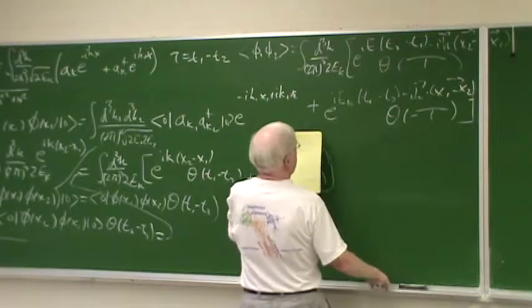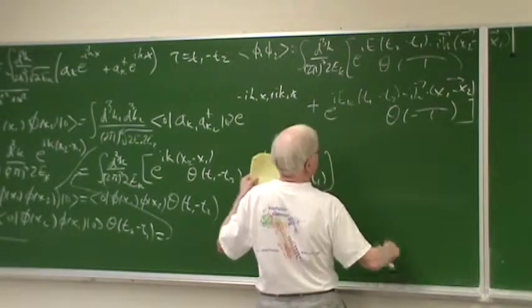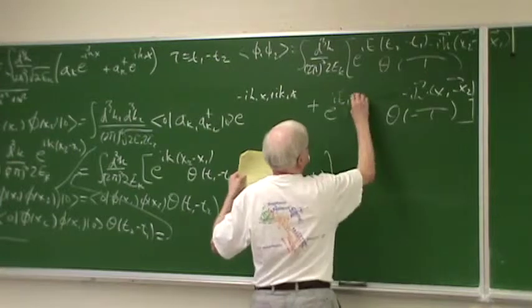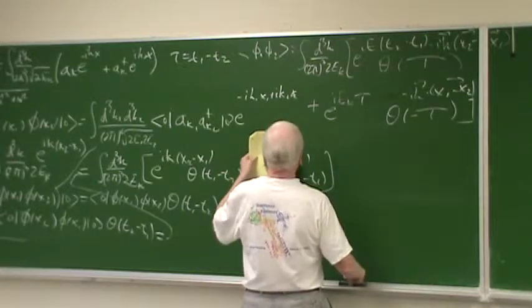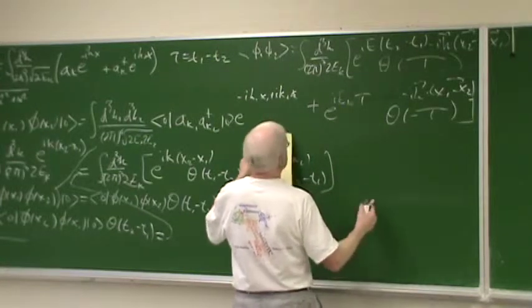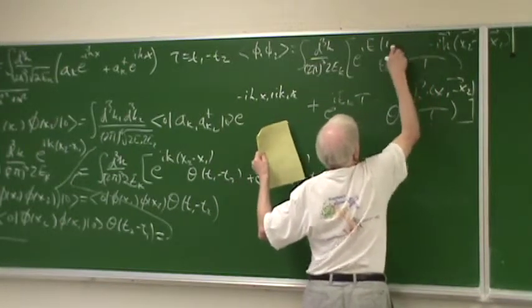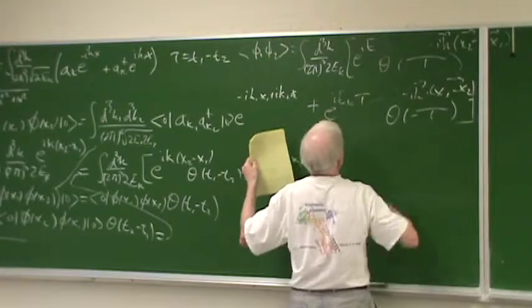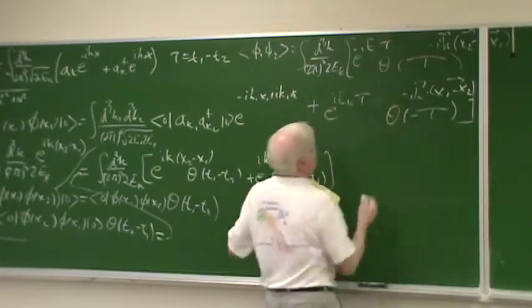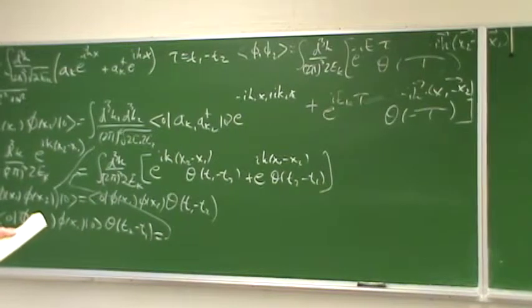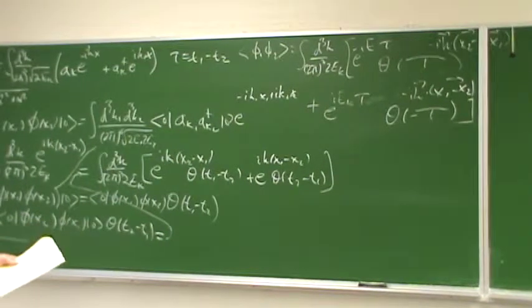And we've got an e to the i e_k, this is a tau here, and then we've got minus tau here. All right, so now we've got things more or less under control.